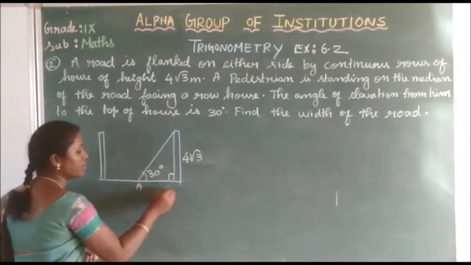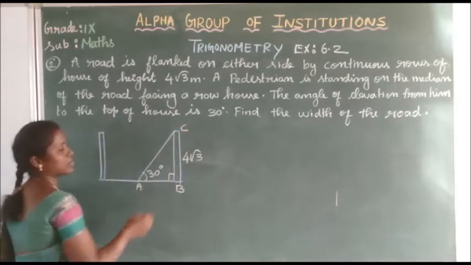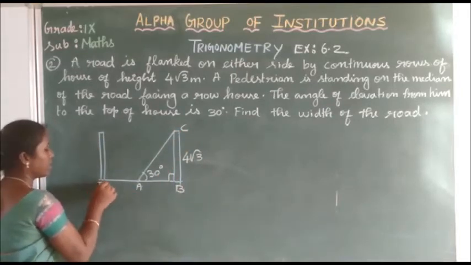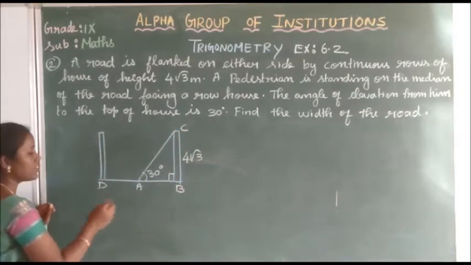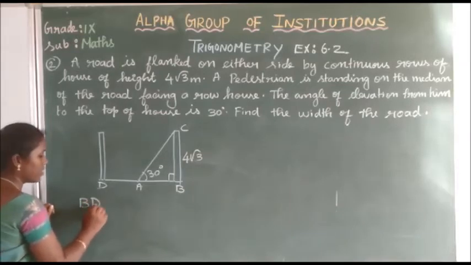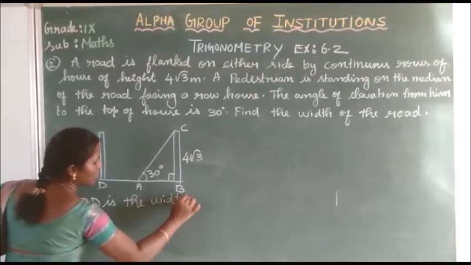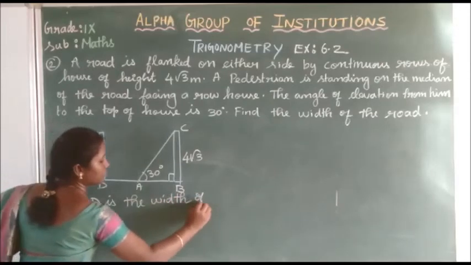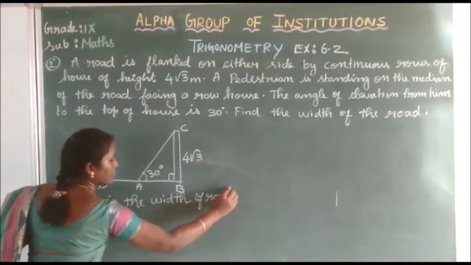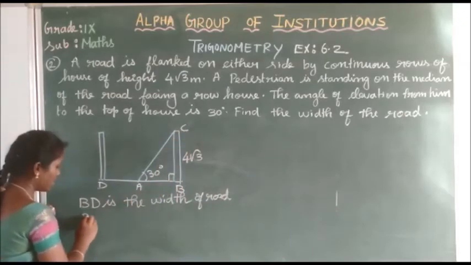So let it be A, B, C, and here it is D. What is the width of the road here? BD is the width of the road. And what is BC?